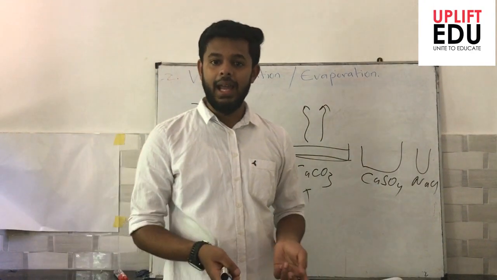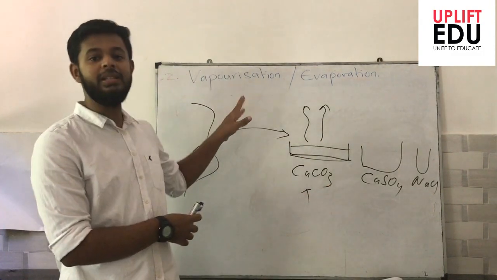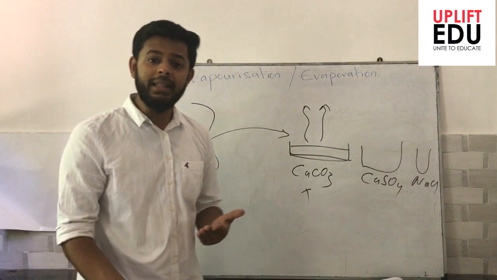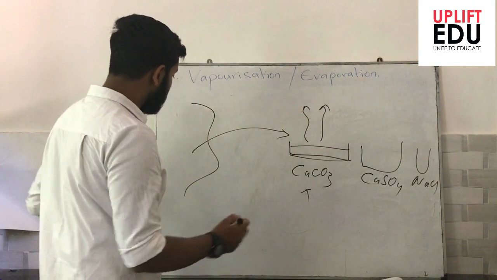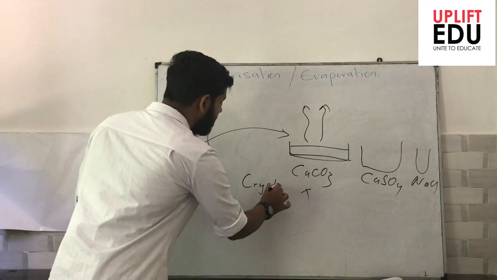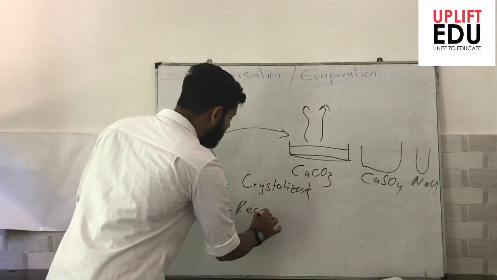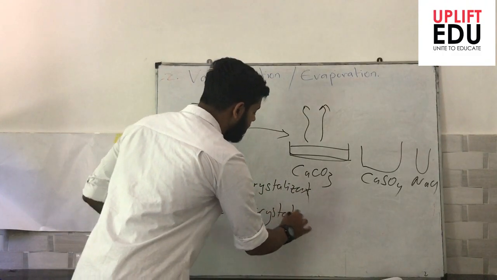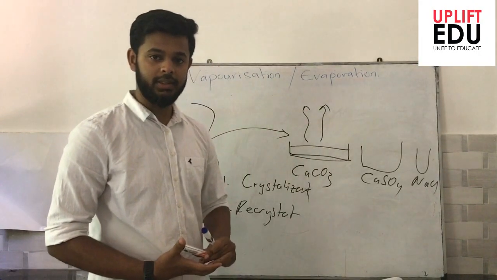Based on this principle, some other separation techniques are also available. We call one crystallization, and the second one recrystallization. We will look at crystallization and recrystallization one by one.